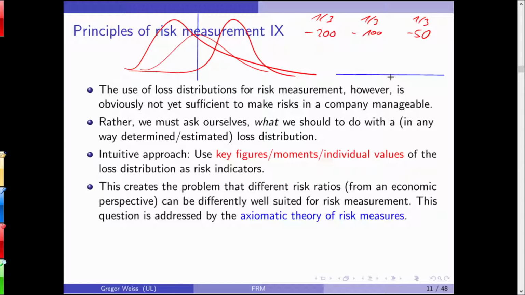What is a fat-tailed distribution? Any idea? Yeah? The probabilities are more evenly distributed? More even? Actually, that might be true, but that is usually not what one thinks of when talking about fat tails.